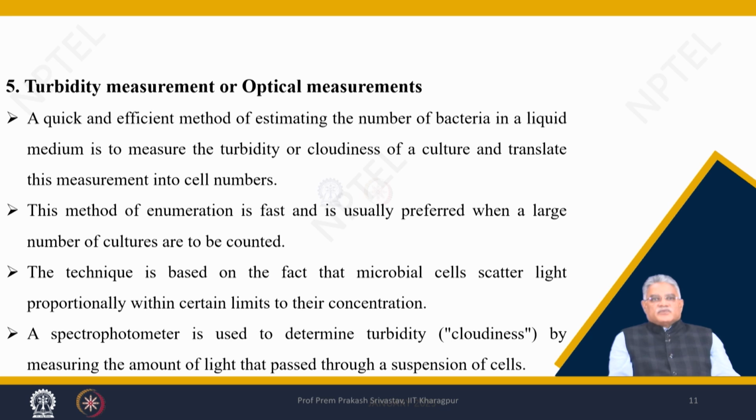The technique is based on the fact that microbial cells scatter light proportionally within certain limits of their concentration. A spectrophotometer is used to determine turbidity, that is cloudiness, by measuring the amount of light that passes through a suspension of cells.